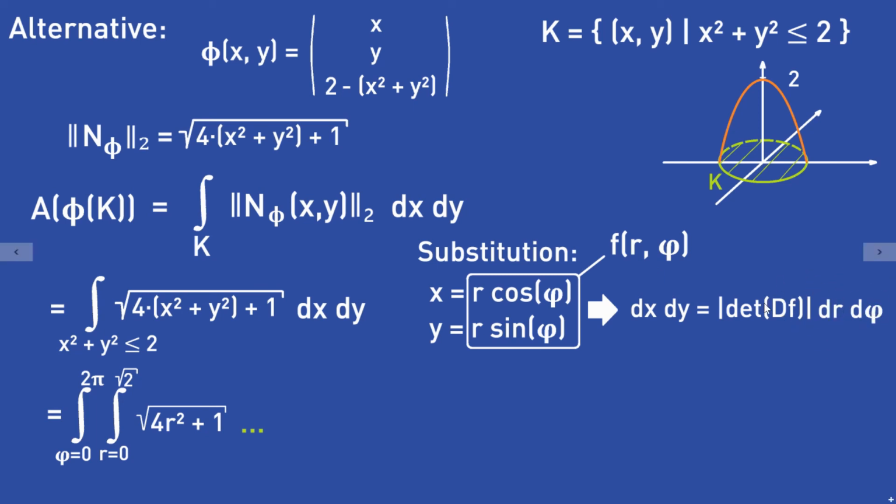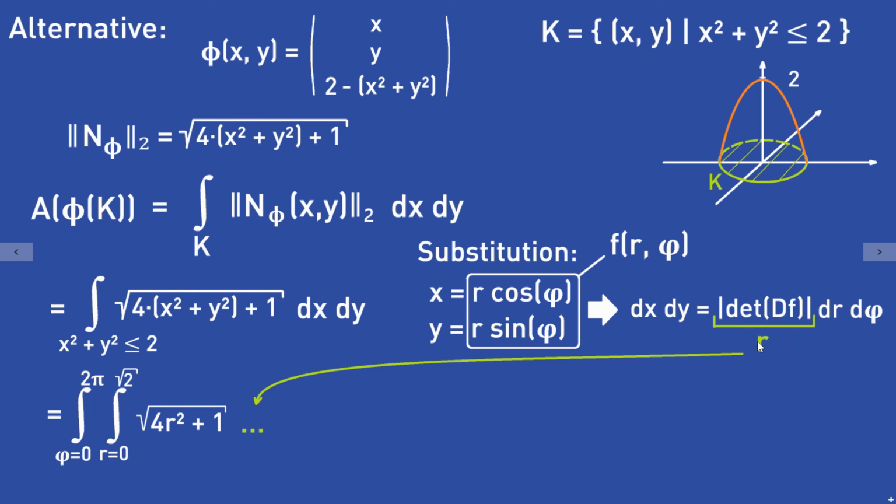And this determinant here is the correction value we were talking about. In the case of polar coordinates, this correction value is just r.